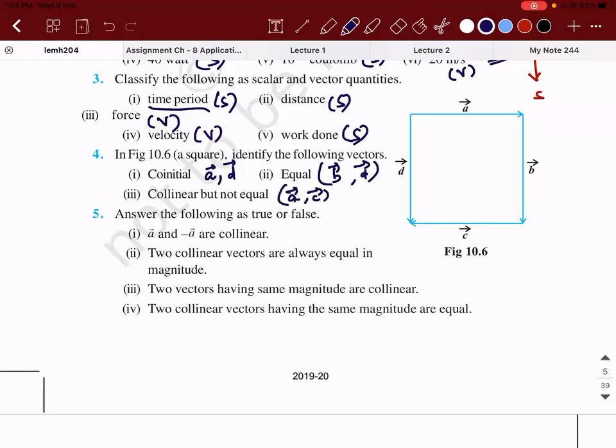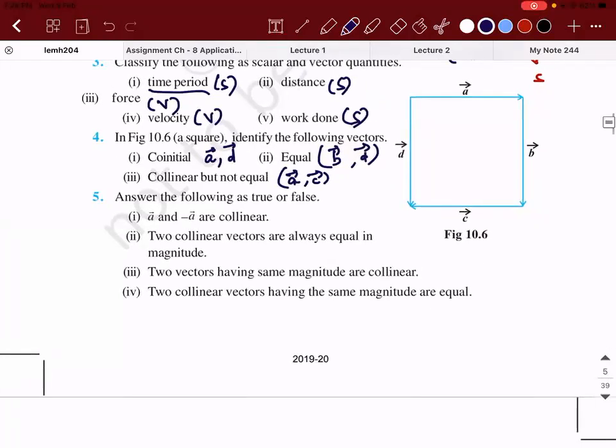Answer the following as true or false. A vector and A vector are collinear. Yes, true. Two collinear vectors are always equal in magnitude. No, A vector, B vector need not be.